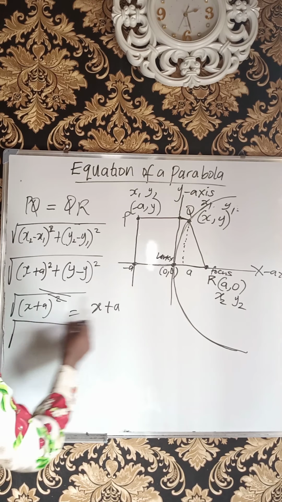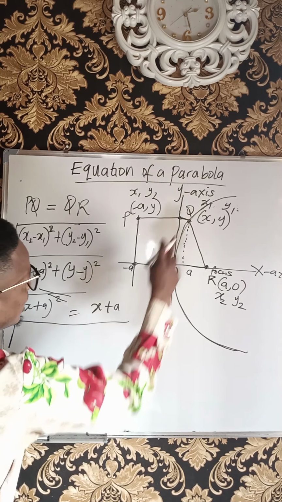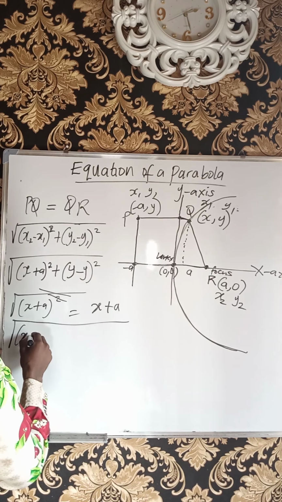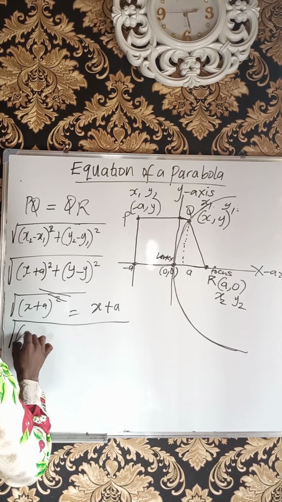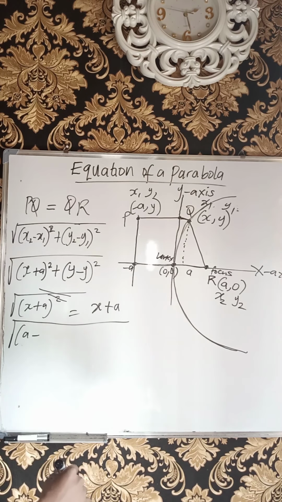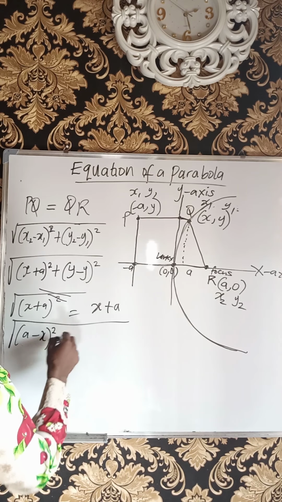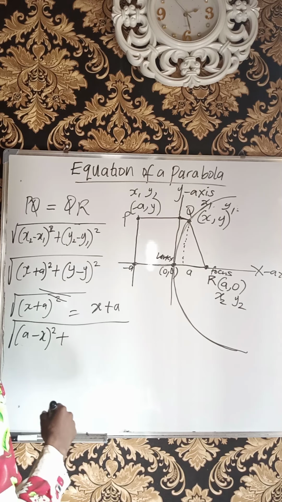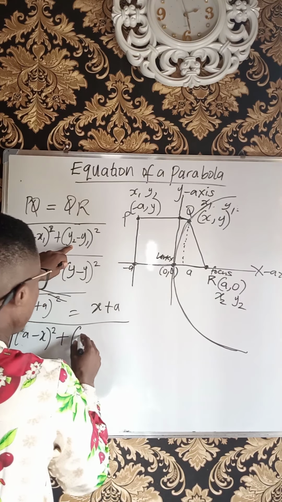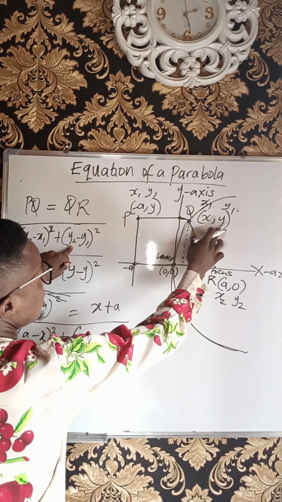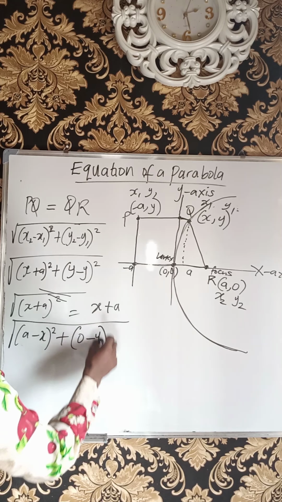So the same formula, I have square root of my x1 is x, okay, rather x2, my x2 is a, minus my x1 is x all squared, plus my y2 is 0, minus my y1 is just y, all squared.